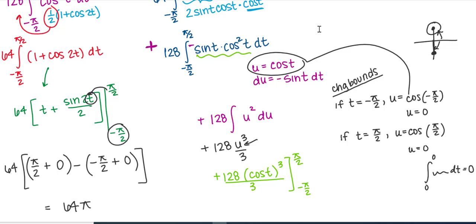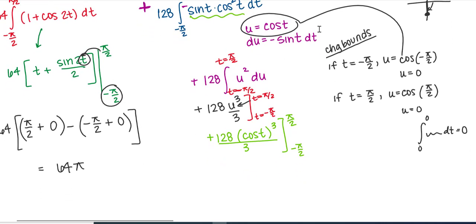And if you wanted to put bounds on the previous steps, what you would say is t equals pi over 2, because it's not the same variable, so you would want to make sure you know. And t equals negative pi over 2. Same thing here. I could say I'm integrating from t equals negative pi over 2 to t equals pi over 2.